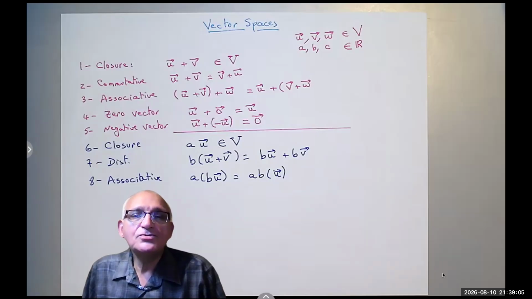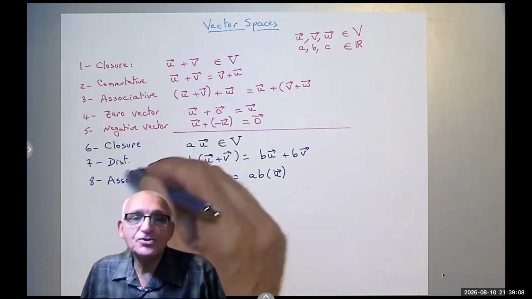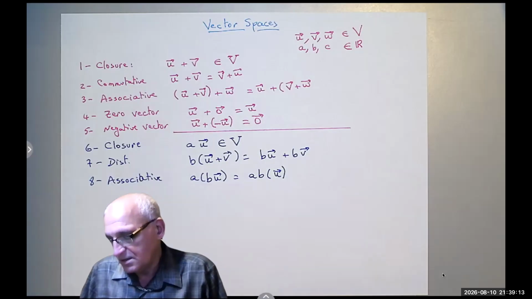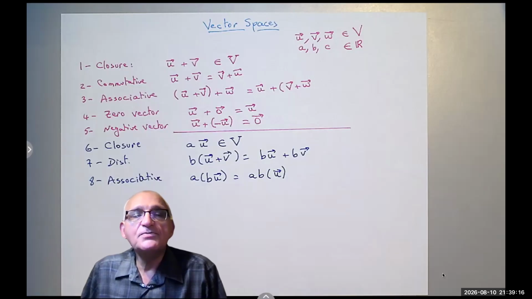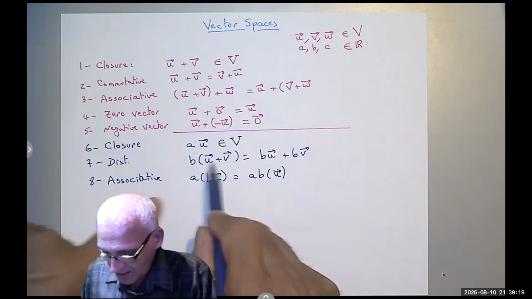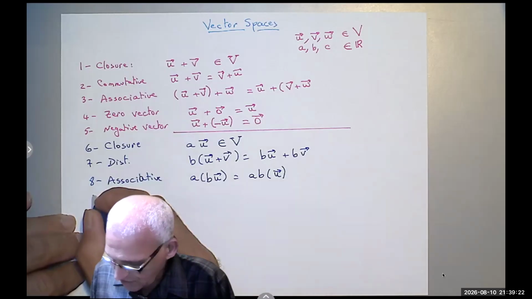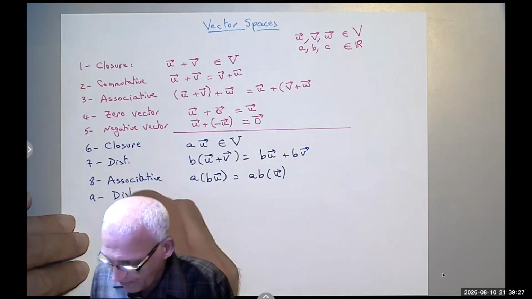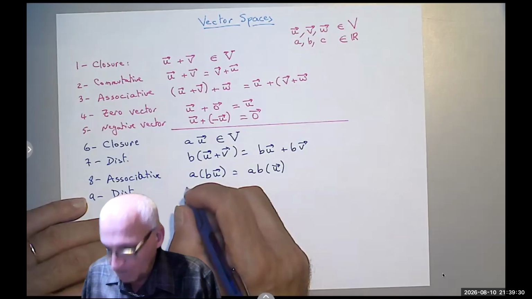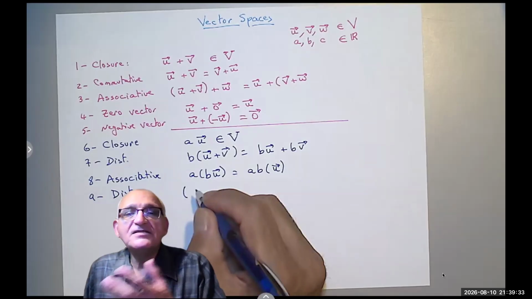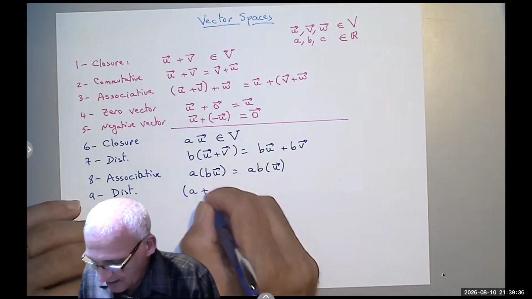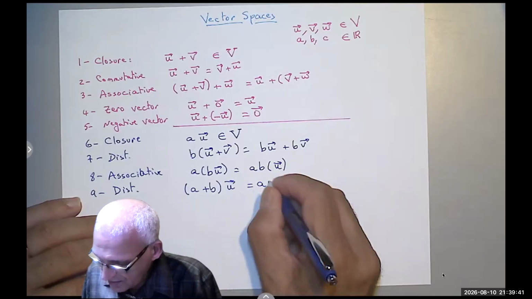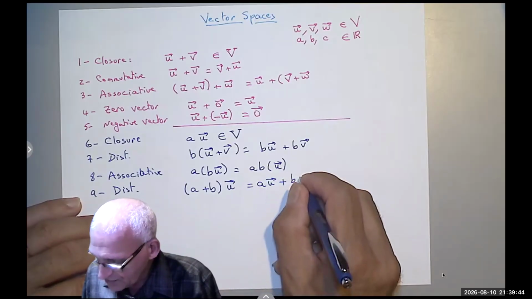So we did the distribution, and I think also another distribution, maybe we should have written this before, would be another distribution among the scalars. So if I say a plus b times u, this is the same as a times u plus b times u, right?